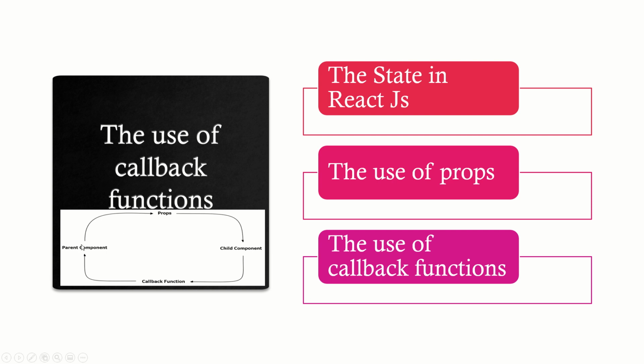So from the parent component to the child, we will use props and the function by the prop itself. Okay, and after we will use this callback function in the child to make the connection to the parent. Wow, this is amazing, but sometimes very, very annoying and very difficult to understand.